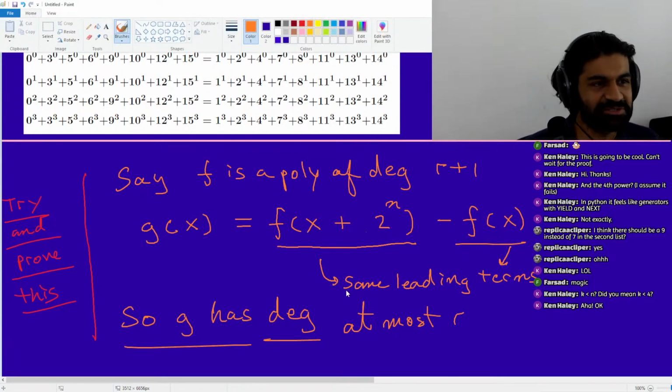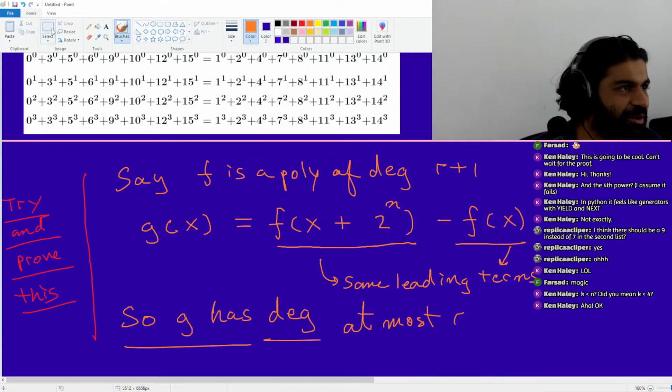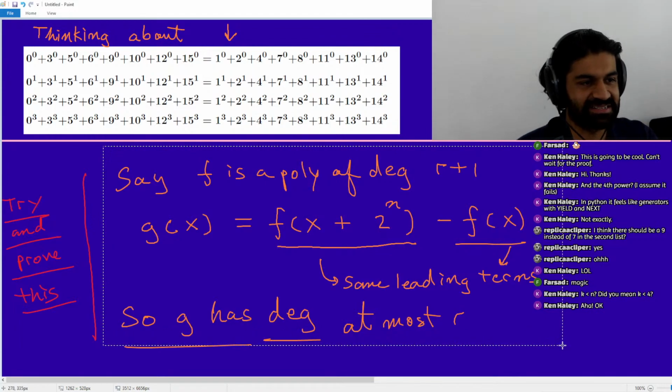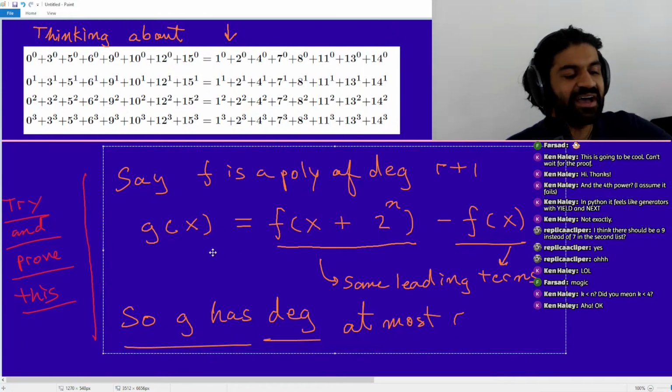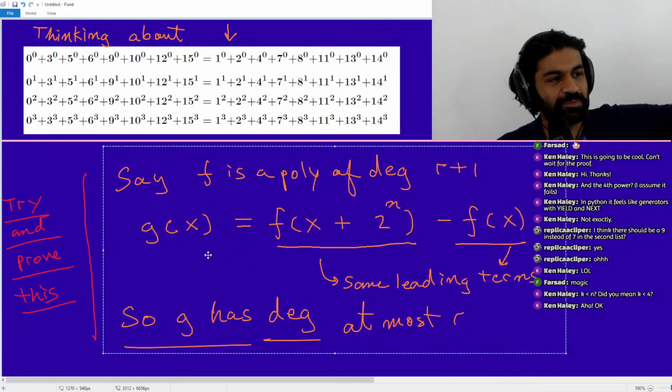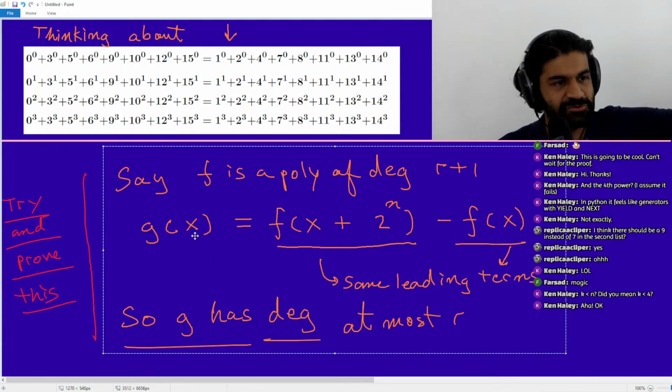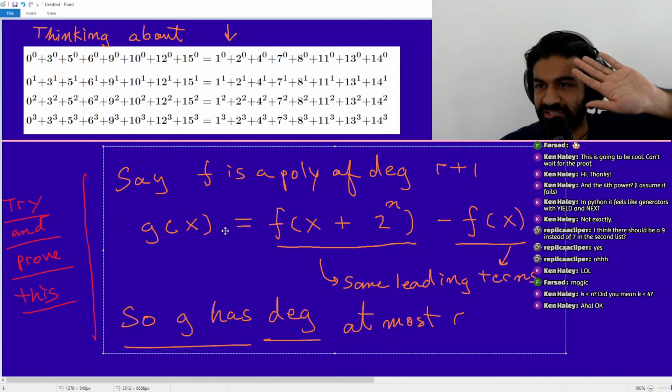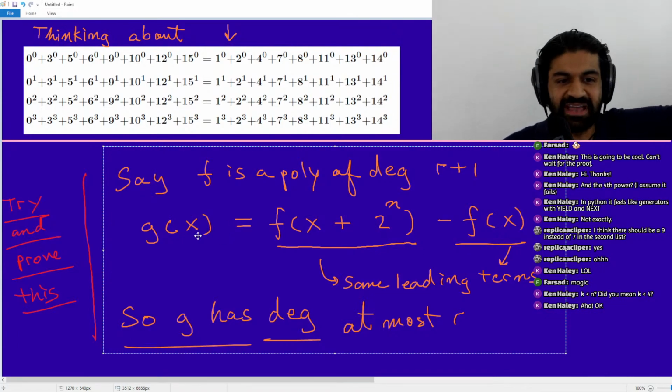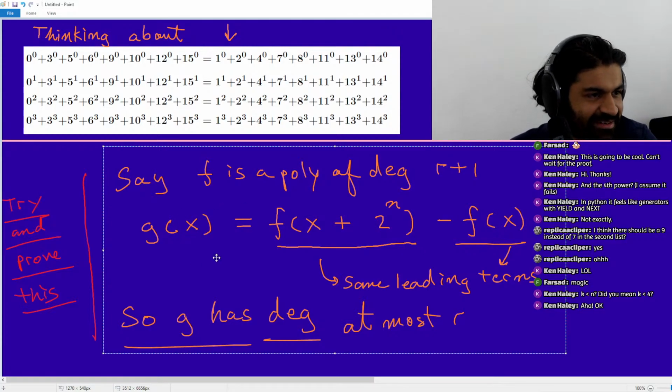Since g has degree at most r, we can assume that the identity works for g. So I know for a fact that if I take all the terms in an and plug them into g, I should get the same thing as if I plug all the terms of bn into g and add them all up. That's what we know.